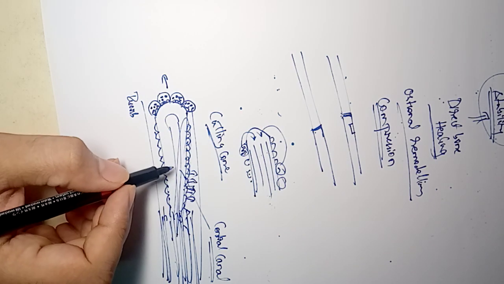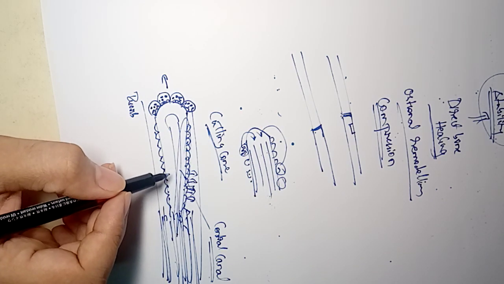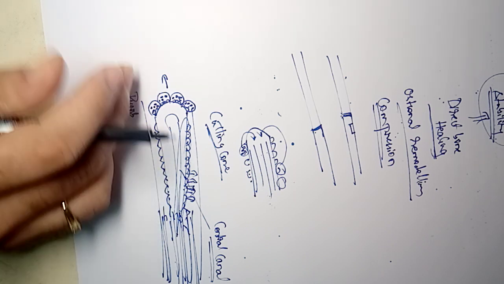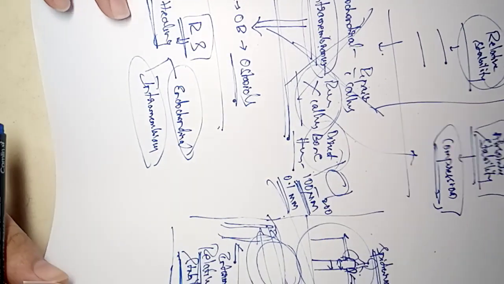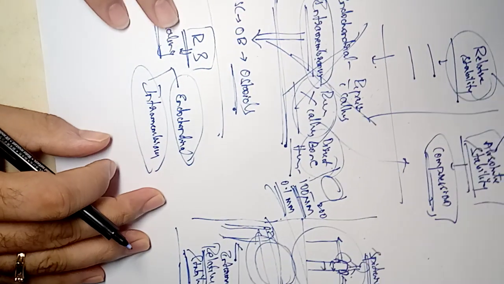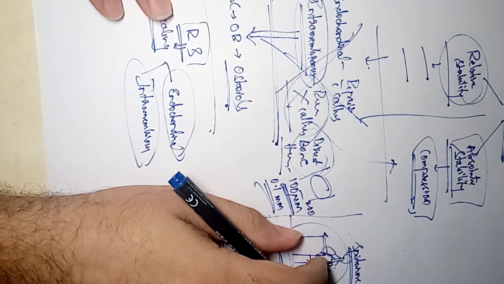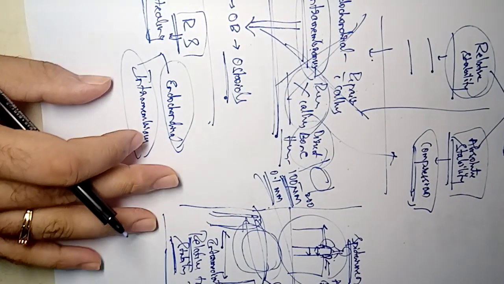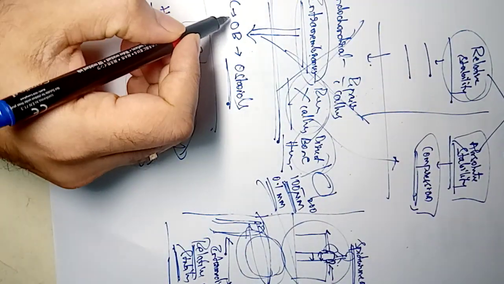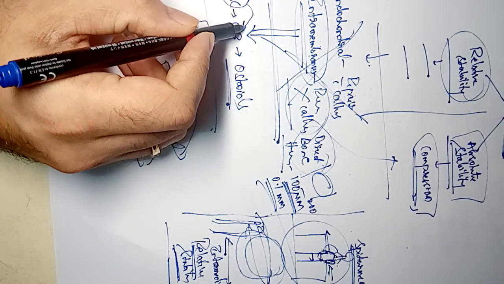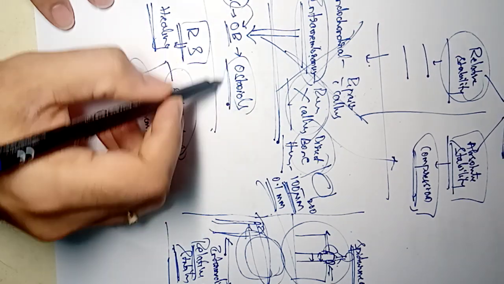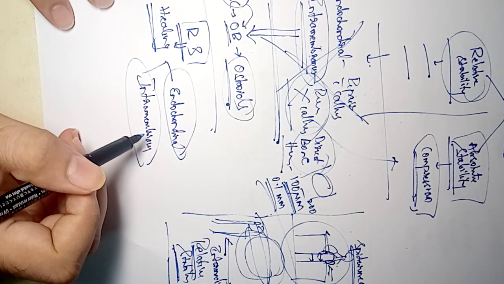So why is it not an intramembranous ossification? To answer this, I just explained the whole process. Intramembranous ossification should have mesenchymal cells which get converted to osteoblasts, and that will lay the osteoid.